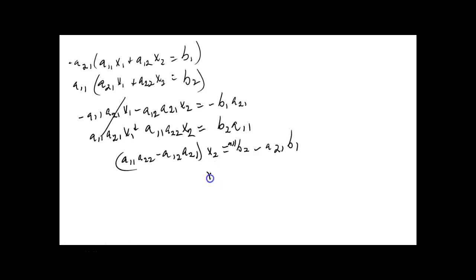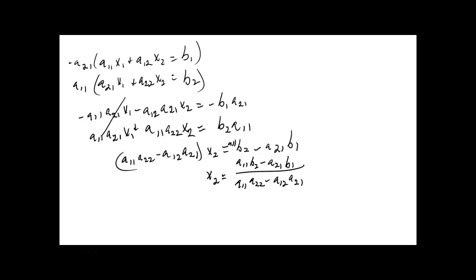Which you could then say x2 is equal to A11 B2 minus A21 B1 divided by this thing, A11 A22 minus A12 A21. All right?